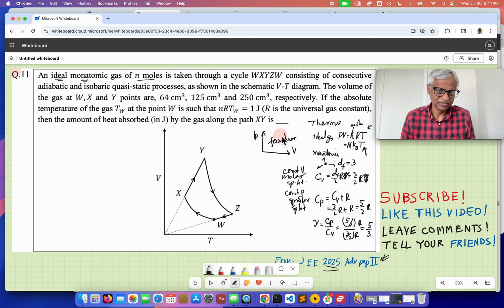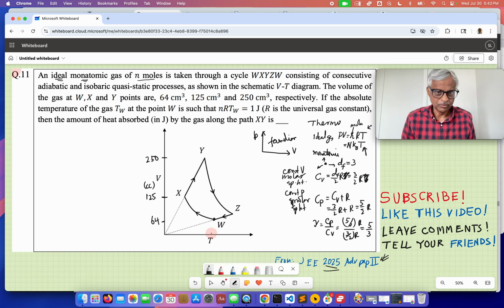Same thing, similar. So what's also given are these volumes. W is 64, volume in CC. This one is 125, and this is 250.